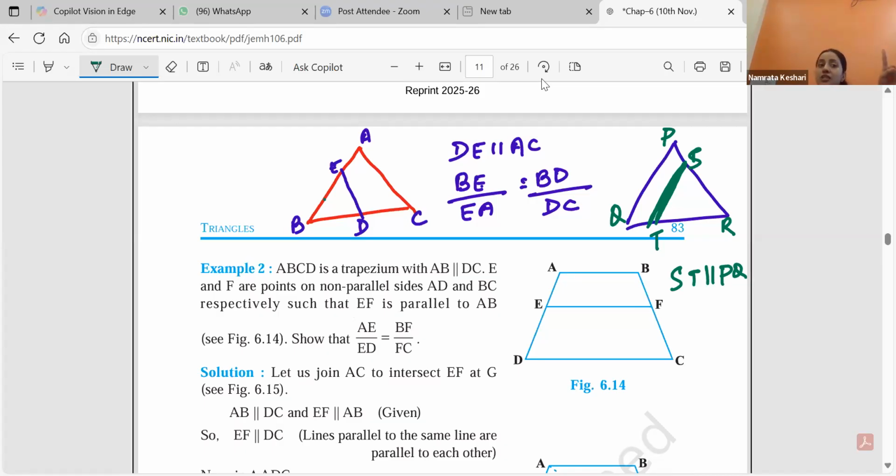ST is parallel to one side of the triangle and intersecting the other two sides. If that is the case, then this line will divide the other two sides in the same ratio. That means RS to SP is equal to RT to TQ. Getting it?